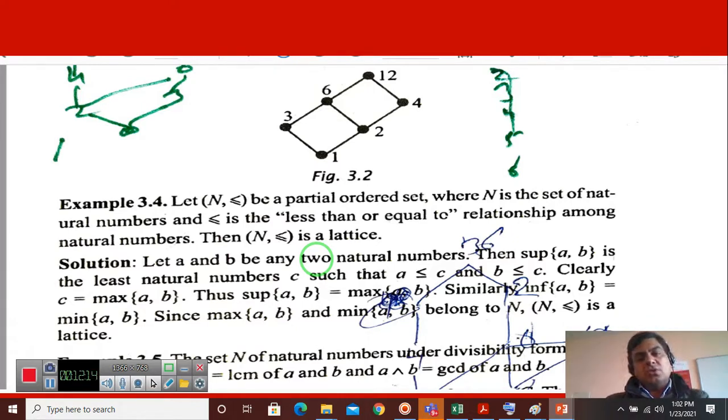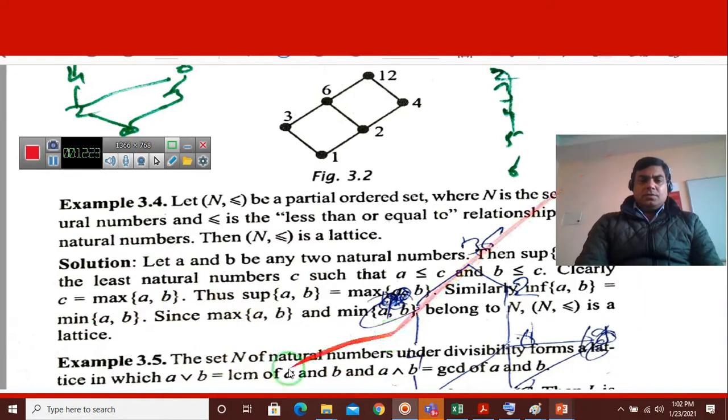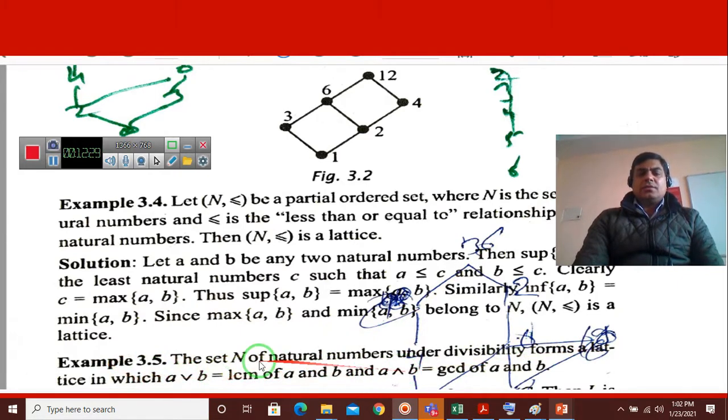So this is a lattice for every number. The set N of natural numbers under divisibility forms a lattice: finding the disjunction is called LCM, and finding the conjunction is called GCD, the greatest common divisor.